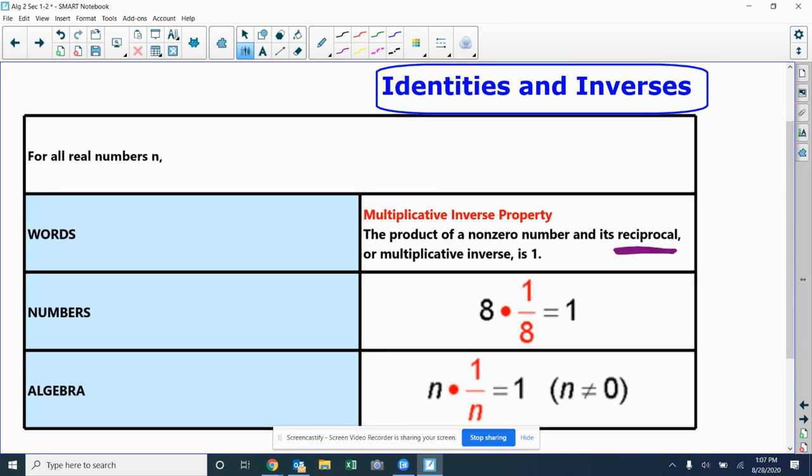So the multiplicative inverse, we want to get it to be 1, so that's where we're going to use the reciprocal. Now, you could have a fraction, 1/4. What would the multiplicative inverse be? 4, and that equals 1. That good old thing called a reciprocal.